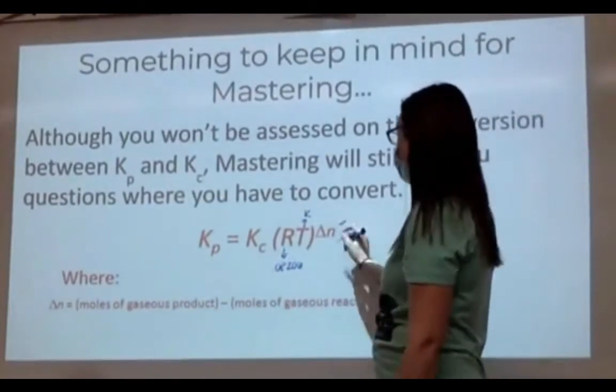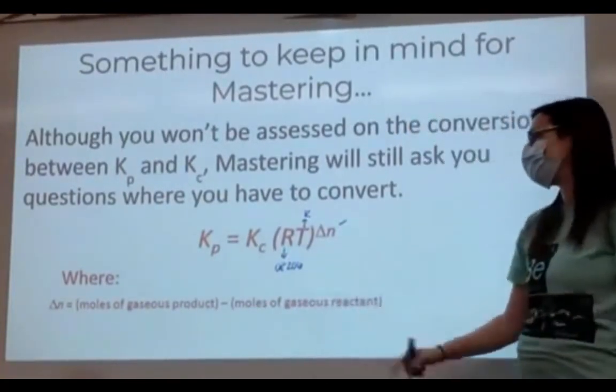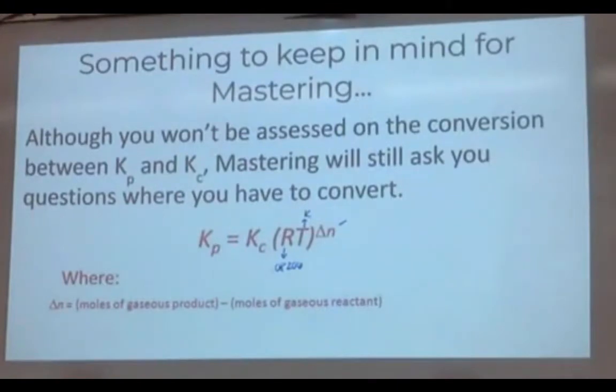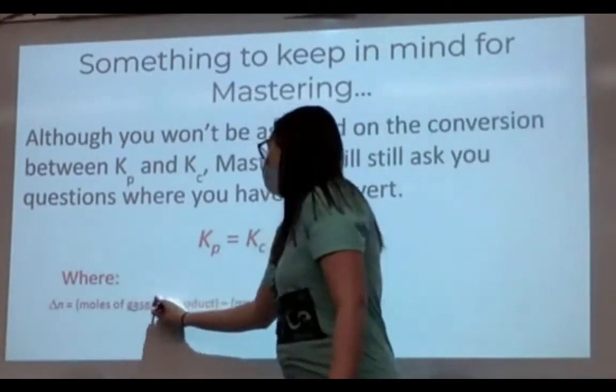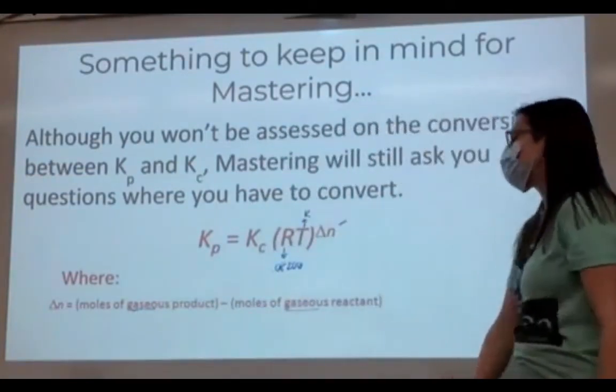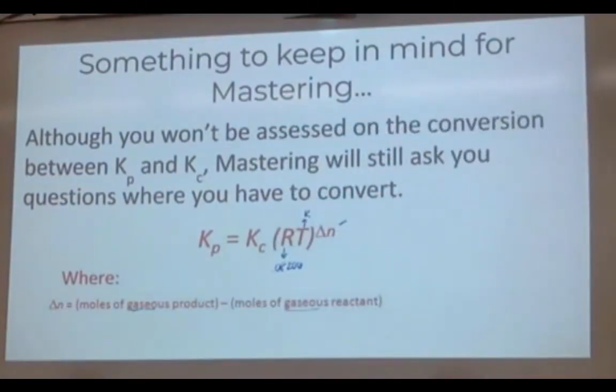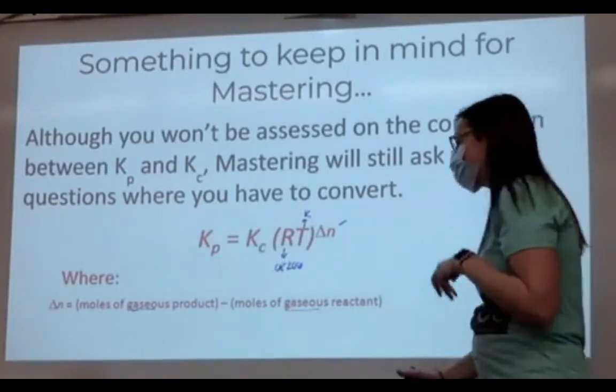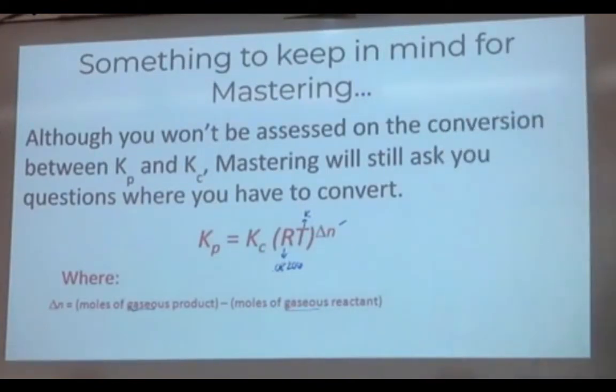And then delta n, that's what is down here. Delta n is moles of product minus moles of reactant. But the most important thing is that you're only focusing on the gases. So it's moles of gas in the product minus moles of gas in the reactant. So they have to give you a balanced equation. And you're doing products minus reactants.